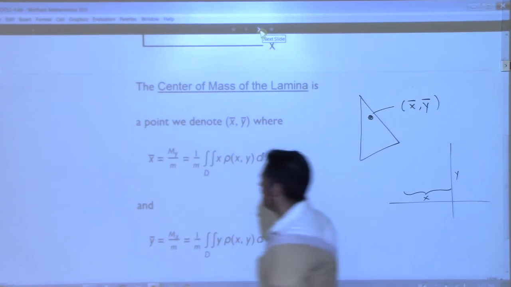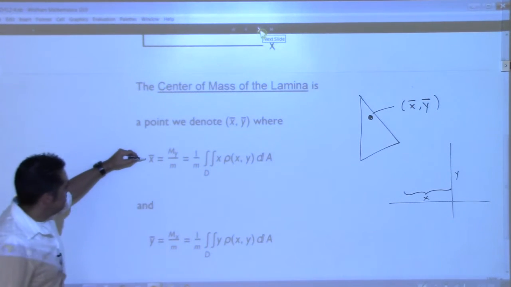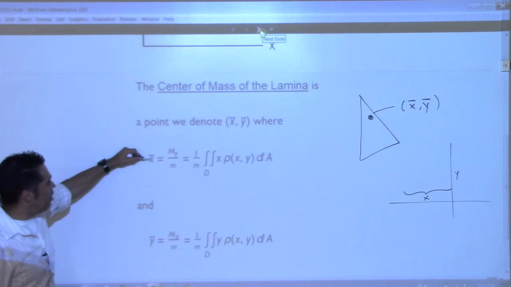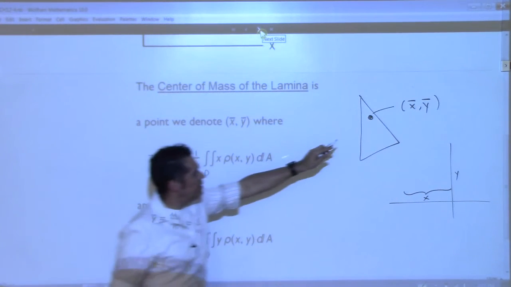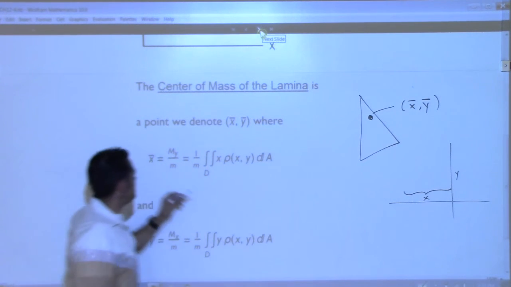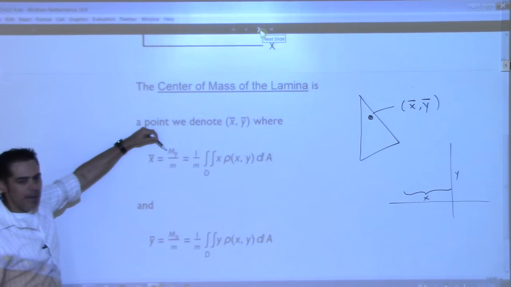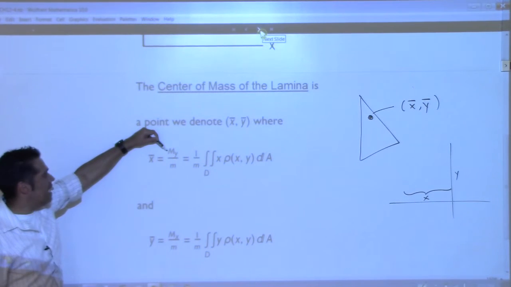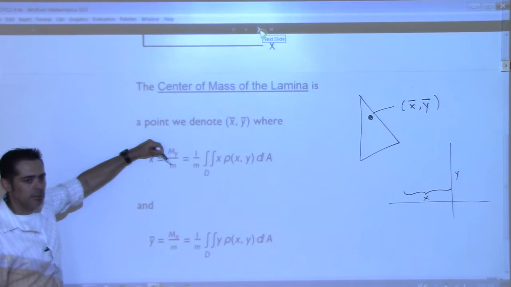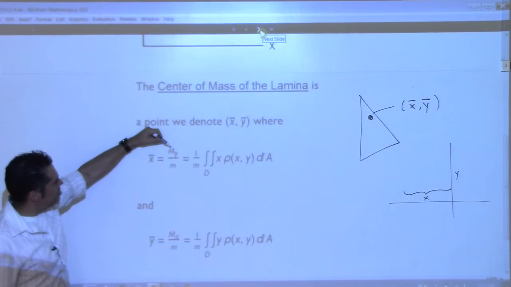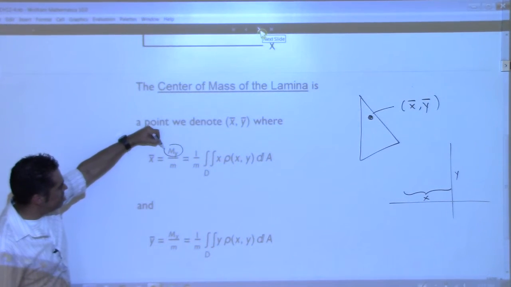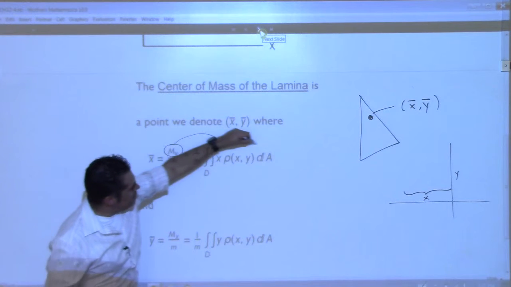The center of mass is, by definition, the x bar, which is a number. This number right here is capital M sub y, which is the moment about the y-axis over the mass. Okay, what is this, the moment about the y-axis? That's this double integral, isn't it?